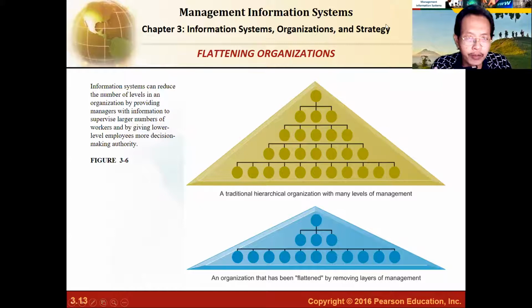So what are the benefits of a flat organization? You can imagine this type of company would be like an elephant. Elephants would move slowly. They would not easily change the direction of their course.